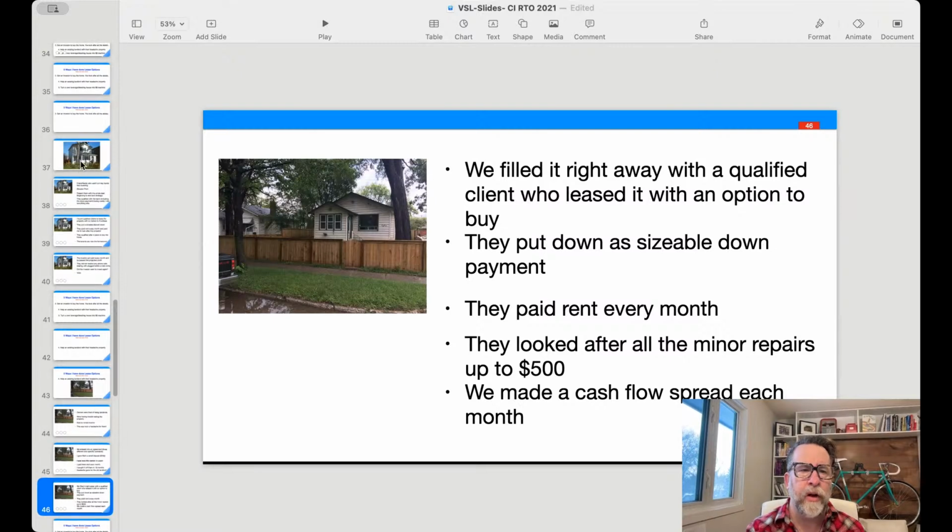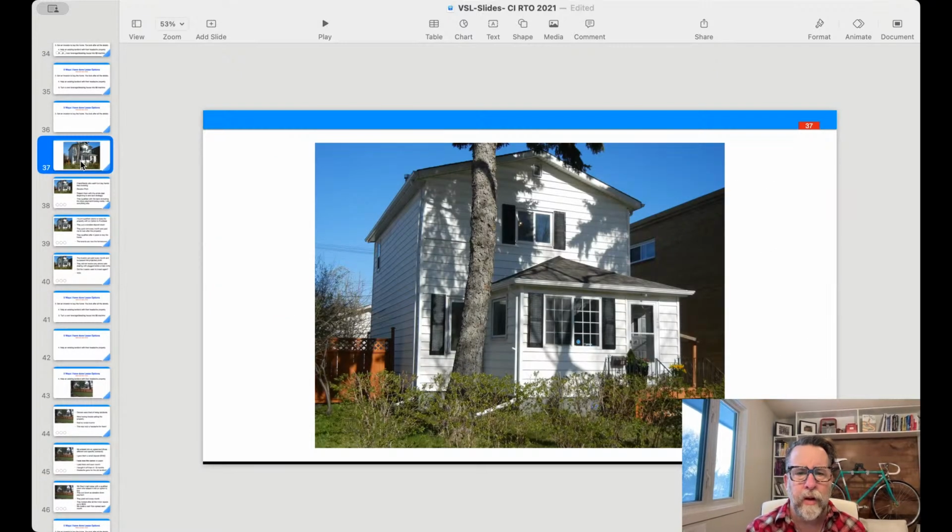Now let me show you a different way to do it. So this is a house that I found that was for sale, private sale by owner. And so I struck up a deal on the property. And then what I did was I had investors who were interested in working with me on homes.